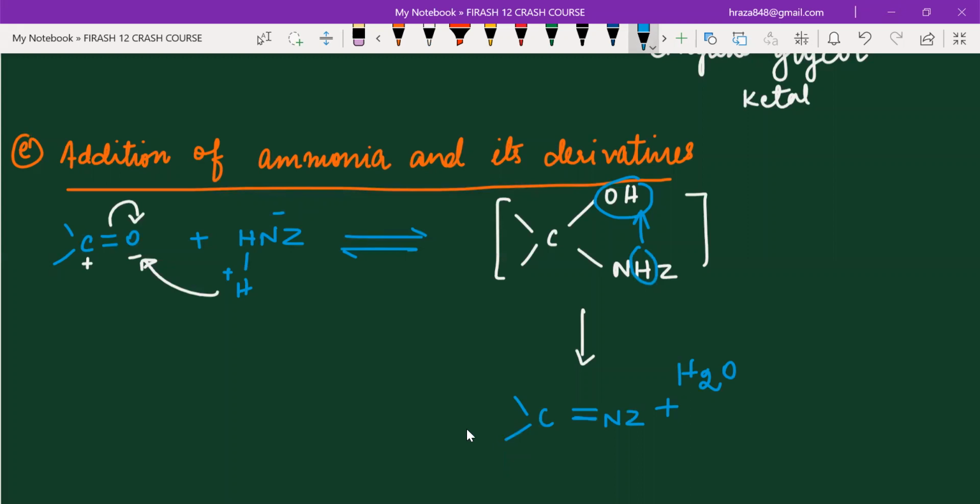And here Z can be alkyl, aryl, hydroxide, NH2, aniline, NHCONH2, etc. It can be anything.